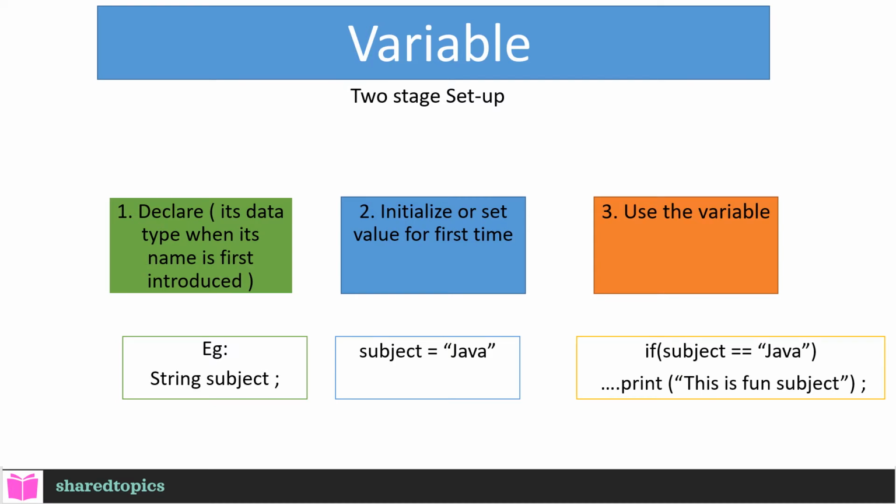So in the program you start using it, for example comparing it with something. In this example, we compare the variable subject with a text value, which is a literal. The variable subject is compared with the literal value Java. Here I have compared a string with Java, but this is purely notational.